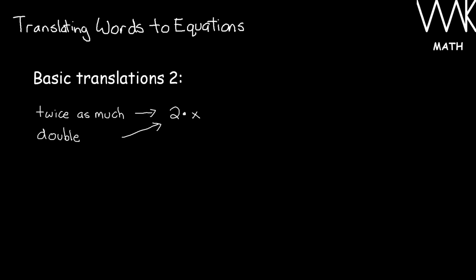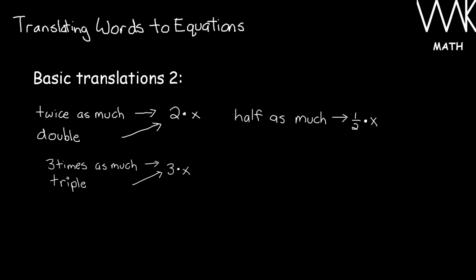So when you see twice as much or double, it means 2 times. Whenever you see half as much, it literally means half times, or you could use x divided by 2. They both represent the same thing here. If you see 3 times as much or triple, it means 3 times something.